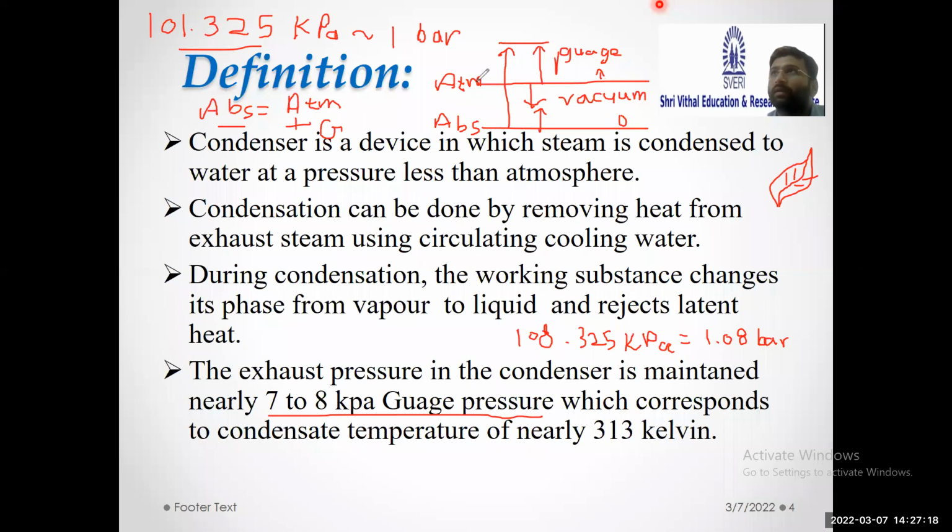Absolute, then atmosphere, then above is gauge, below is vacuum, and absolute will be this one and this one with respect to absolute datum.